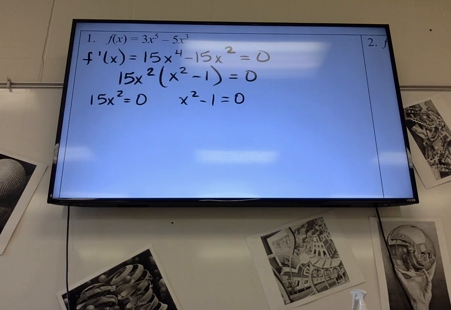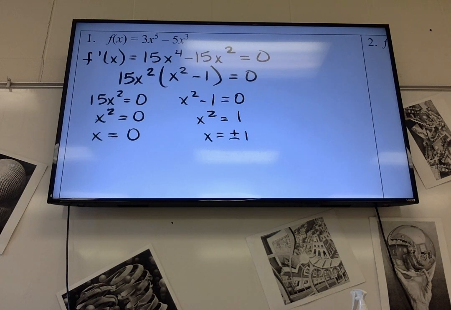This way, divide this by 15. So when I take the square root, it's plus or minus, but it's just 0, so it doesn't really matter. Oh, we got x equals 0 and x equals plus or minus 1.